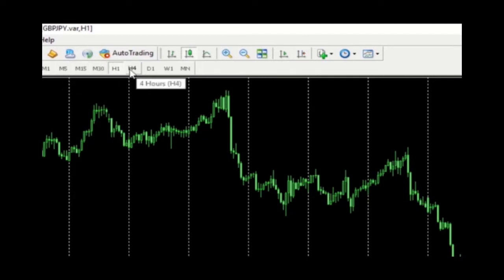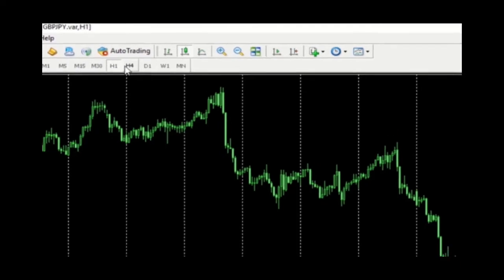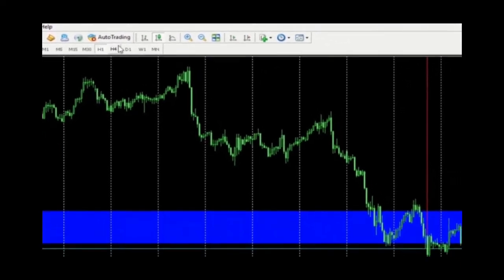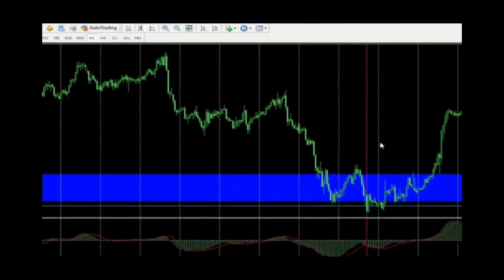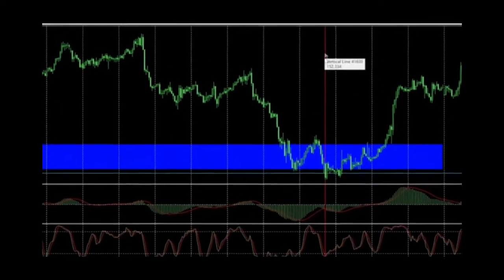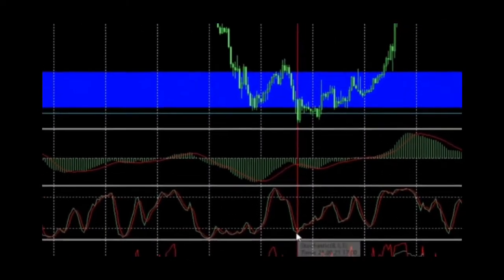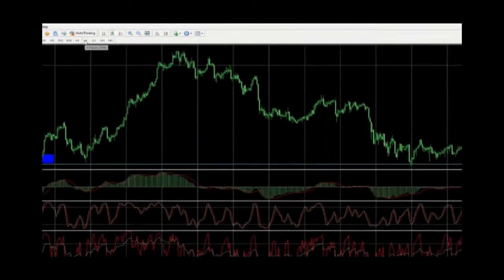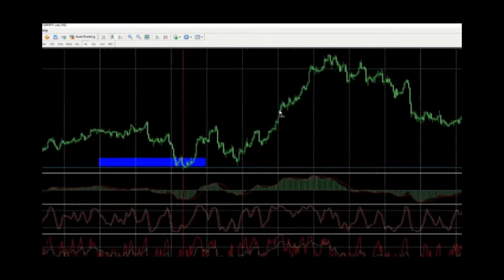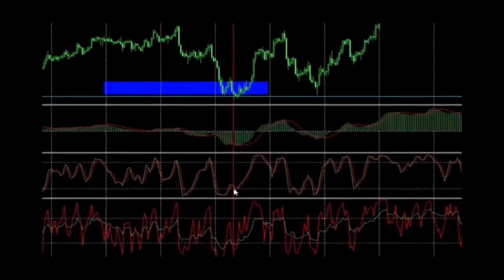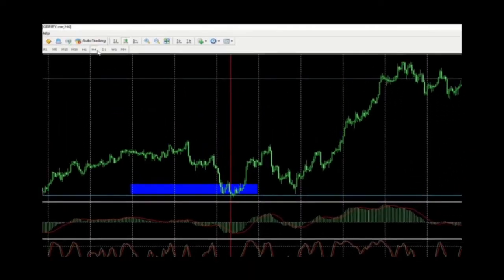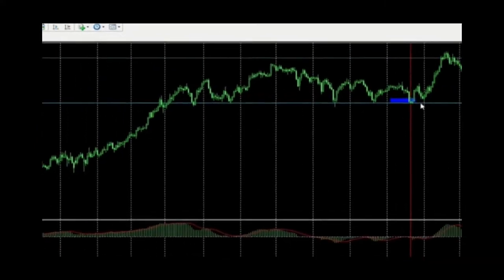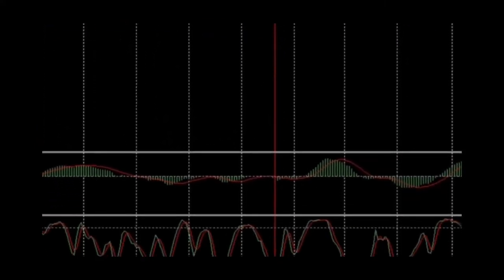And all of them, the stochastic needs to be under 20 when you're about to take the trade at the same time. Just like here, this red line represents the stochastic, which is under 20 now on H1. But if I change it to H4, you can see that the stochastic is under 20 as well. And on daily, same thing, okay?